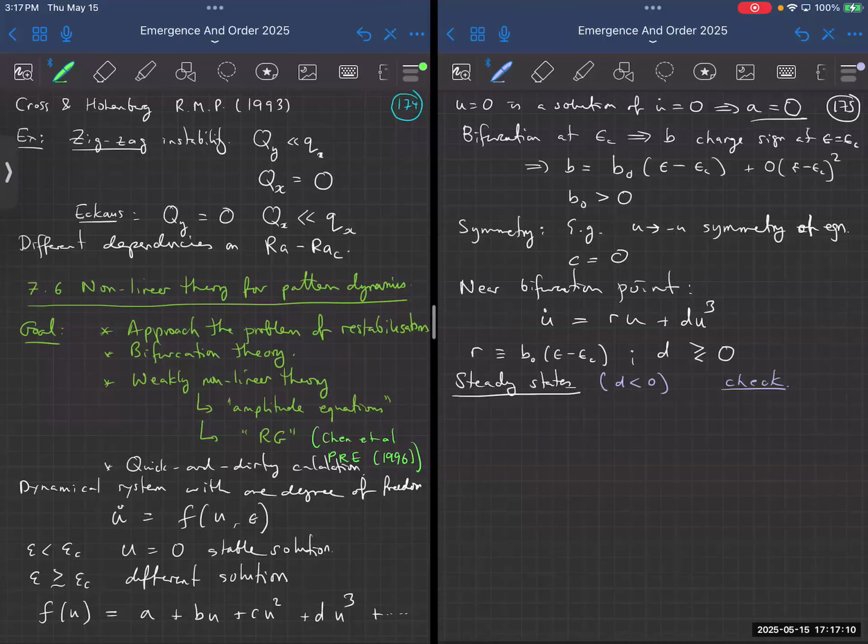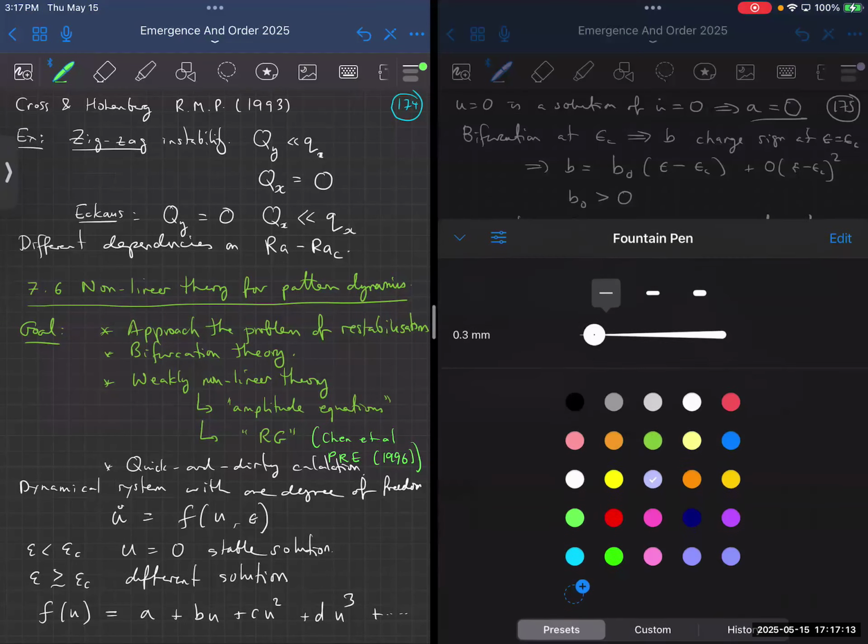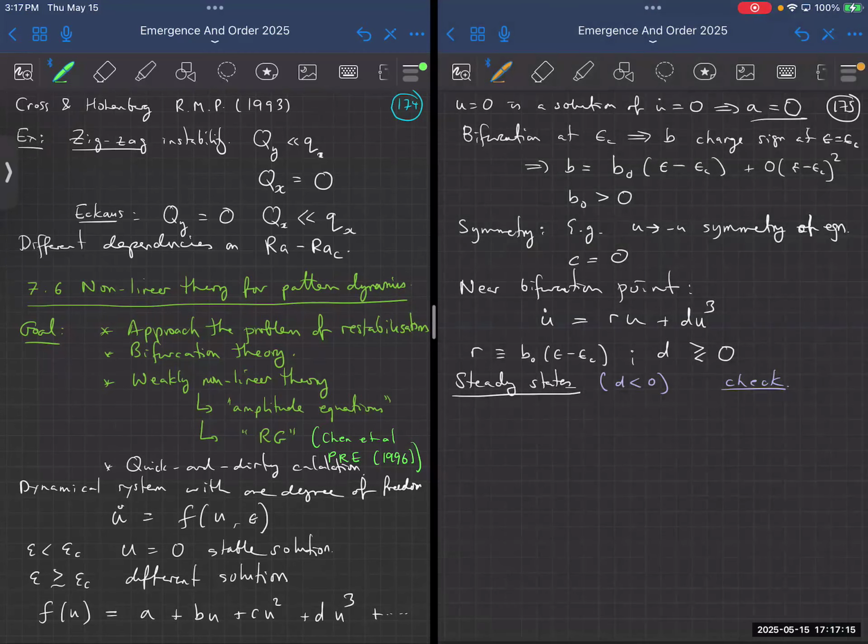So then what does the solution look like? Then I can have U equal to 0 when R is negative, and, yeah, I definitely have something messed up here.